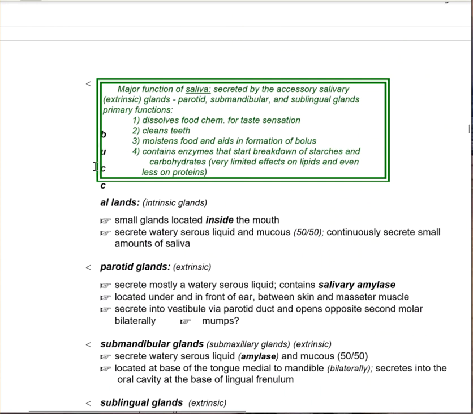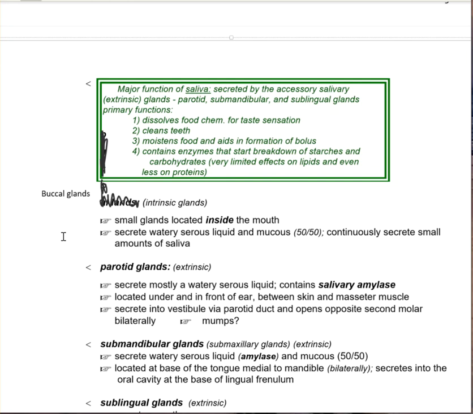We'll fix that. This somehow got all messed up right there. What is this supposed to be? This is supposed to be, let's see, where can I type it? Buccal glands. And we'll go through all of these in just a moment.